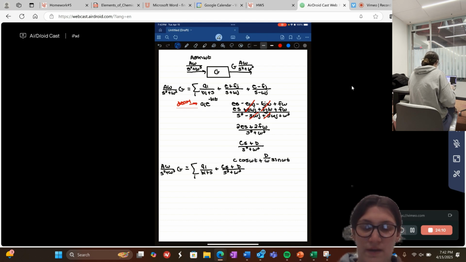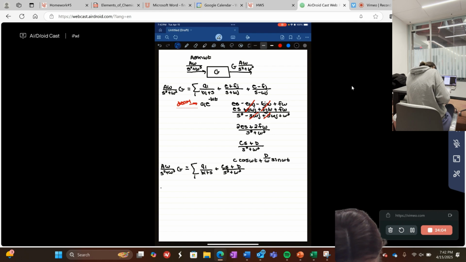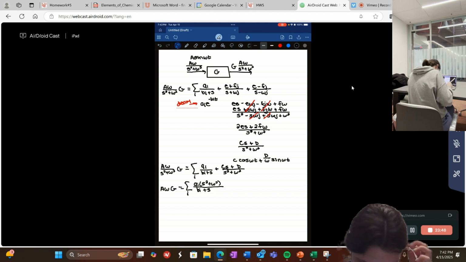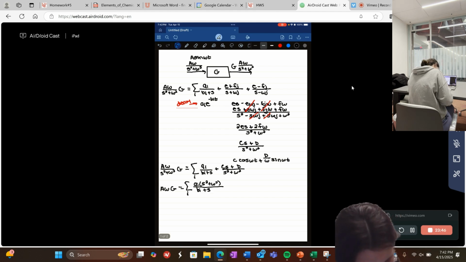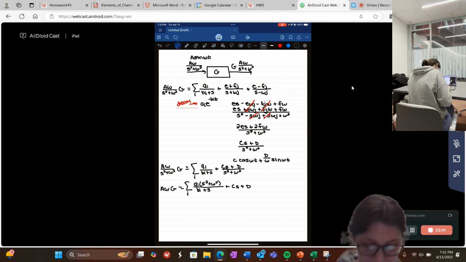Now we can multiply both sides of the equation by s squared plus ω squared. This gets us AωG is equal to the sum of a_i times (s squared plus ω squared) over (b_i plus s), then plus Cs plus D.